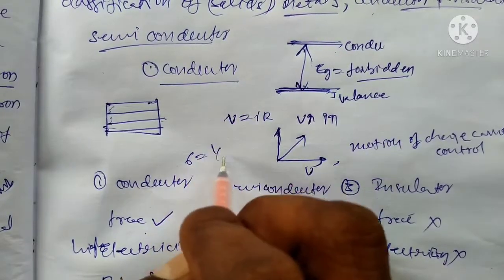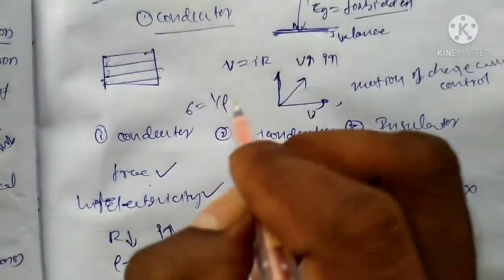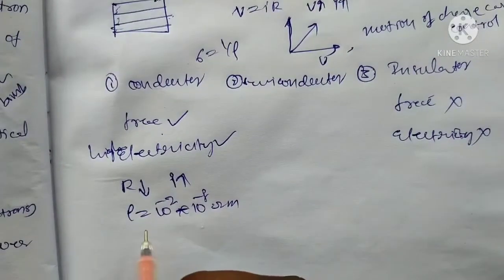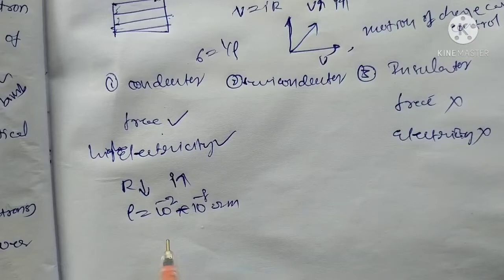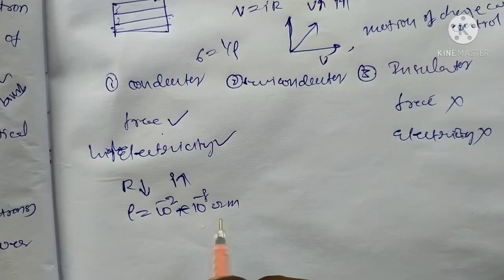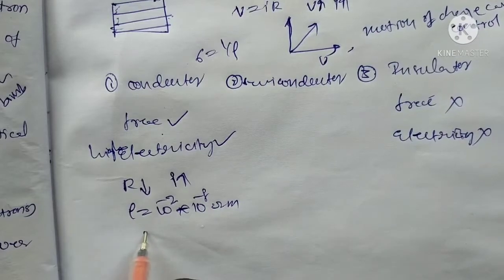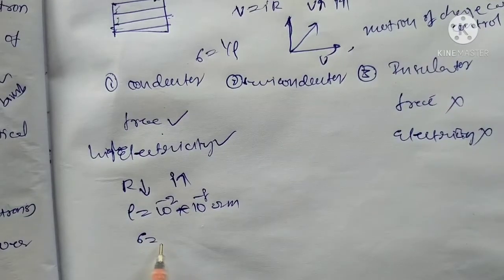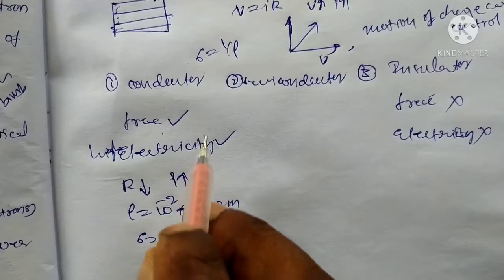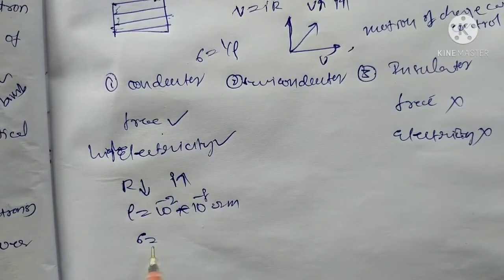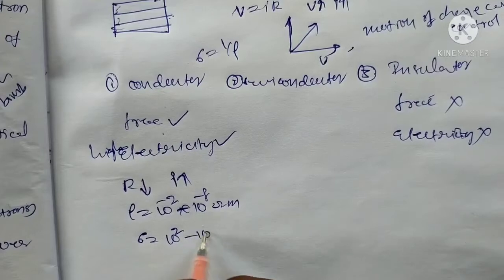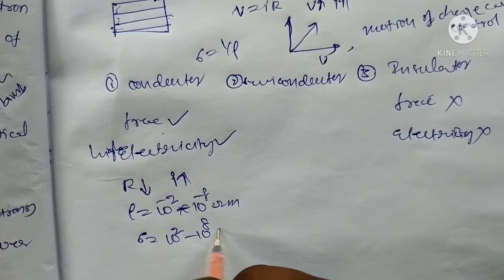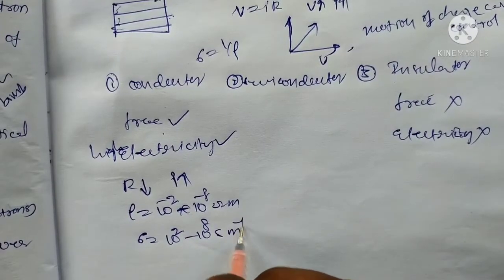Conductivity is 1 by resistivity, that is sigma is equal to 1 by rho, which is 10 to the power of 2 to 10 to the power of 8 Siemens per meter.